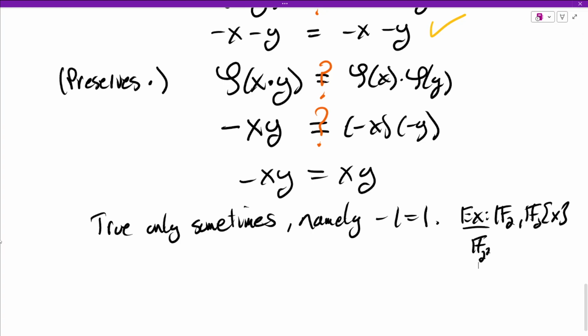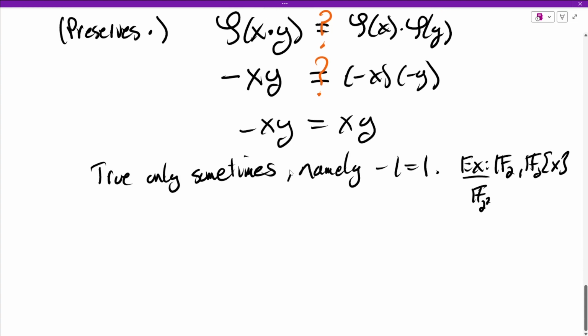But my point here is not that you go look at these, certainly. My point here is that there's no contradiction here yet. We have a contradiction in general, but there's some cases where this is true. In general, it's false, but sometimes this is true. So does it preserve times? Well, only when -1 and 1 are the same thing.